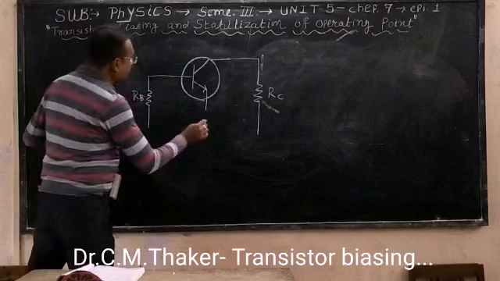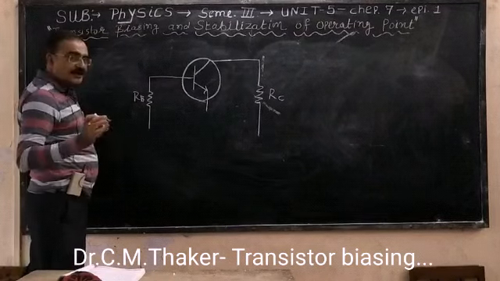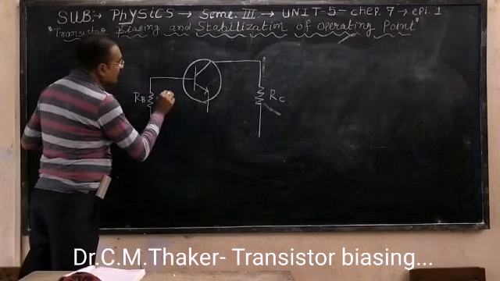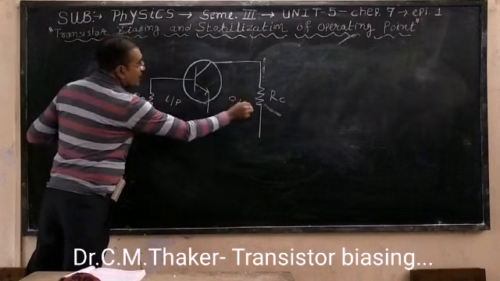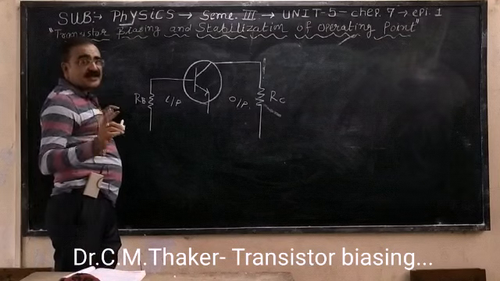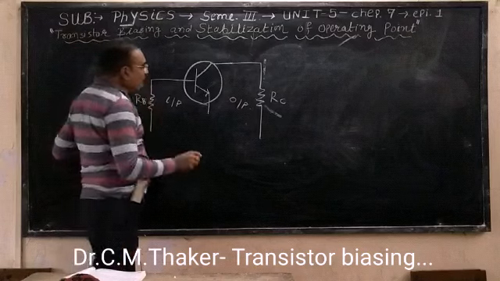Now I have to apply the supply potential. You see, this is the input region of the transistor and this is the output region of the transistor. Your input region of the transistor is always connected in a forward bias manner. So how forward bias?